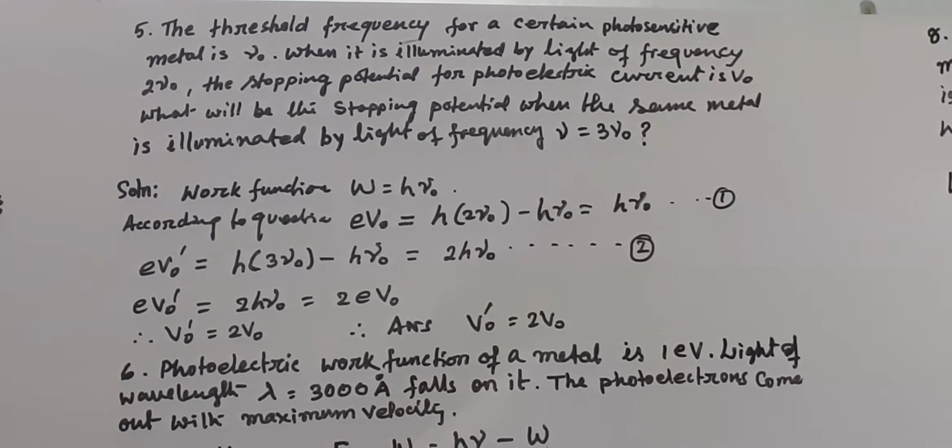Now, comparing e V dash with e V naught, you can see twice e V naught will come, and V dash, the new stopping potential, will be twice the previous value, that is twice V naught. That is the answer.